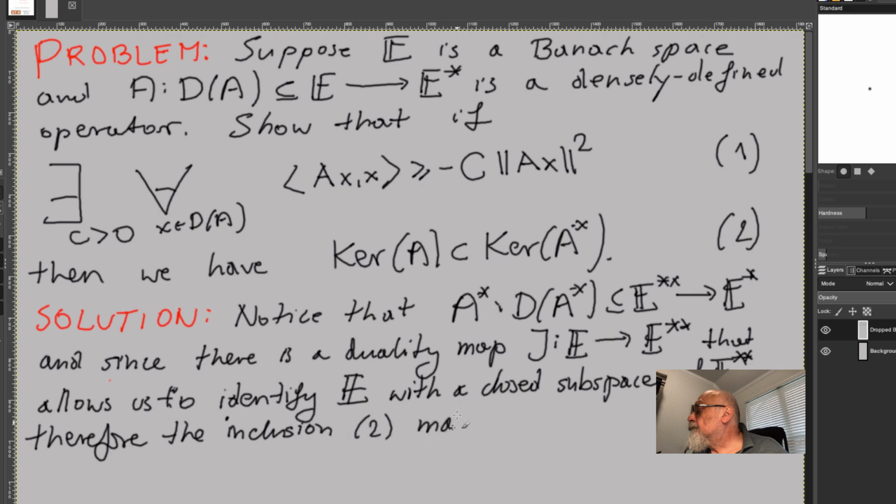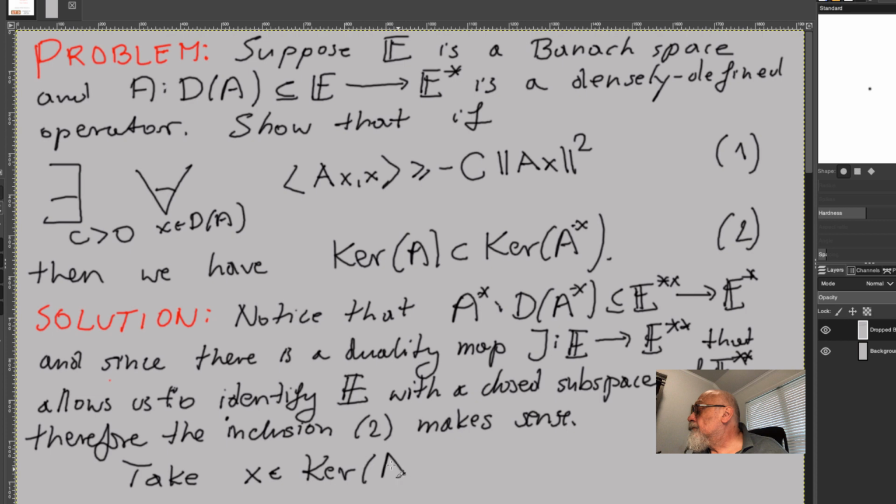Therefore, the inclusion, call it inclusion 2, makes sense.